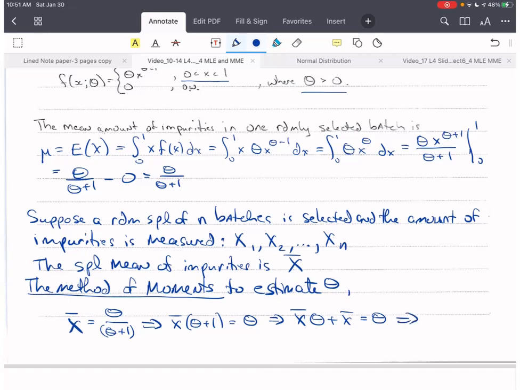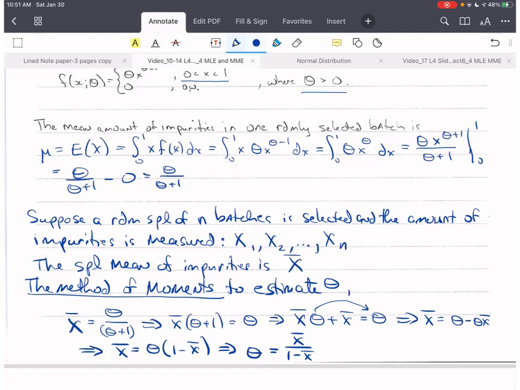And we isolate theta, so we're going to do it the other way. We're going to take this over here, so we have x bar equals theta minus theta x bar, and then we can factor out theta on that side, so we have x bar equals theta times 1 minus x bar, which means that theta is equal to x bar over 1 minus x bar.